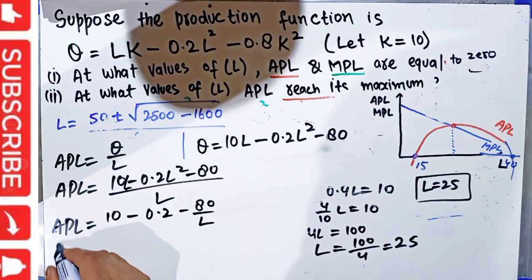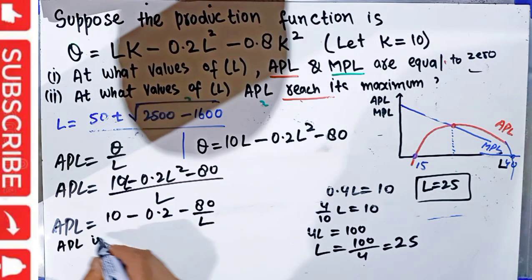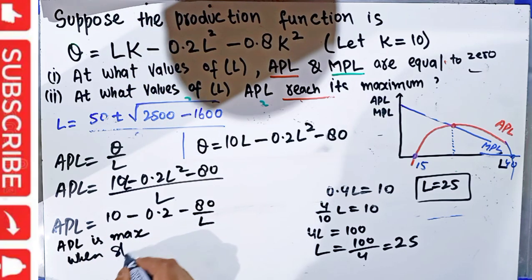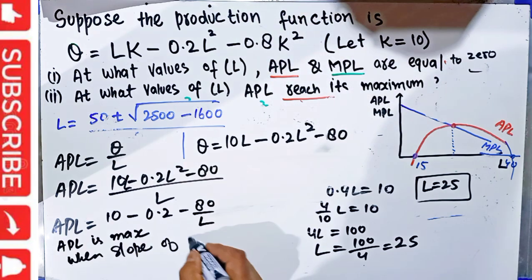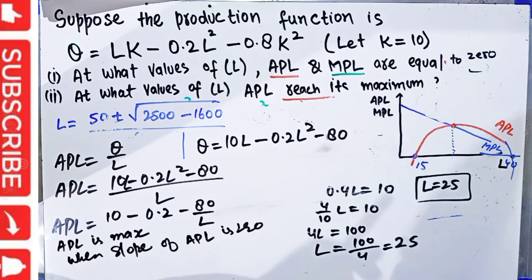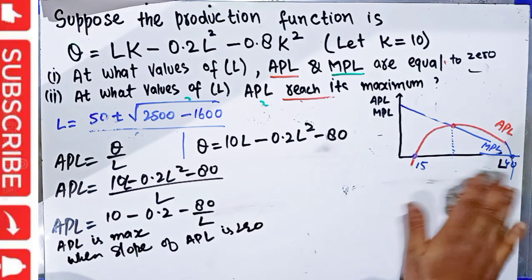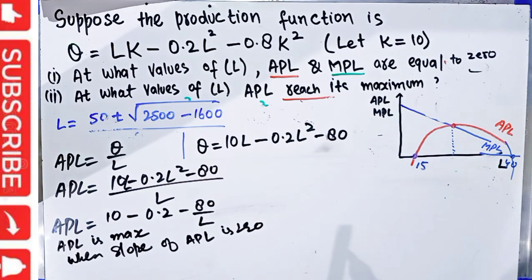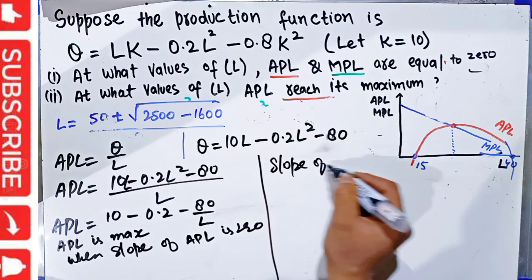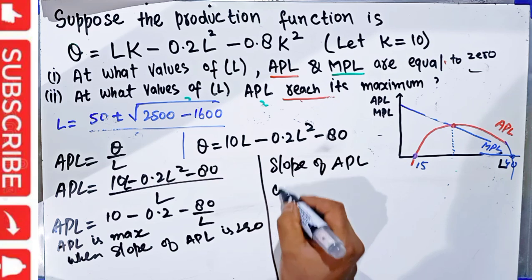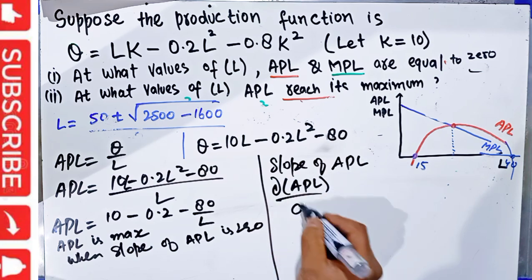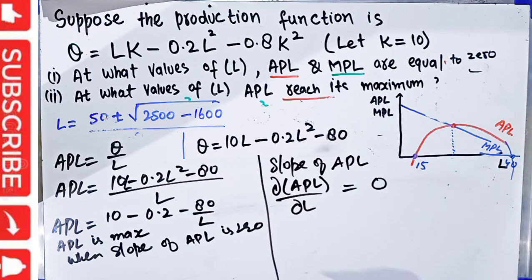Now APL is maximum when the slope of APL is 0. What is the slope of APL? It means the derivative of the average product of labor function with respect to labor, and we set it equal to 0.